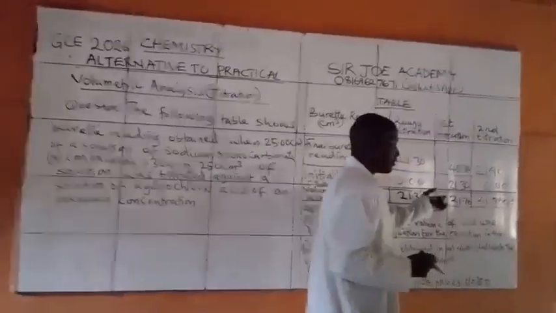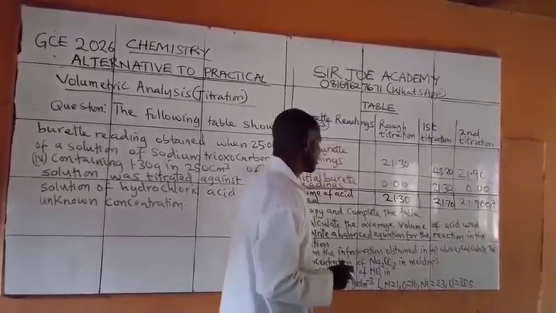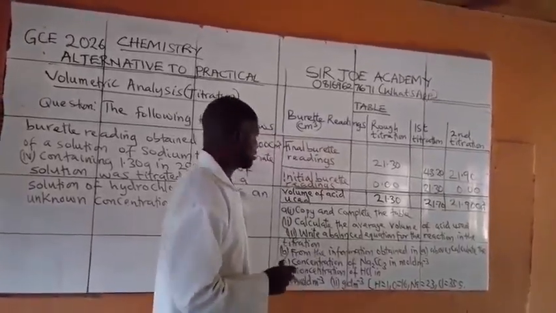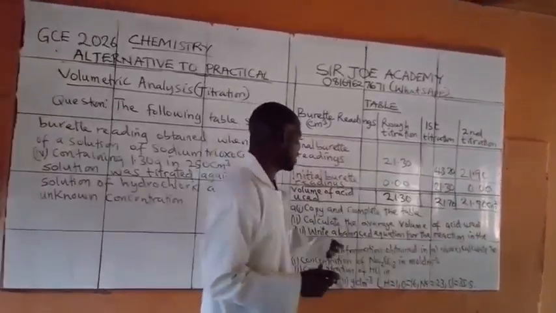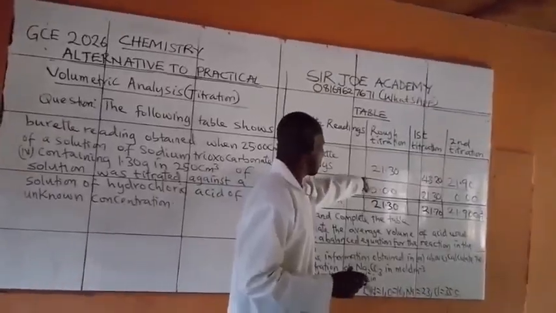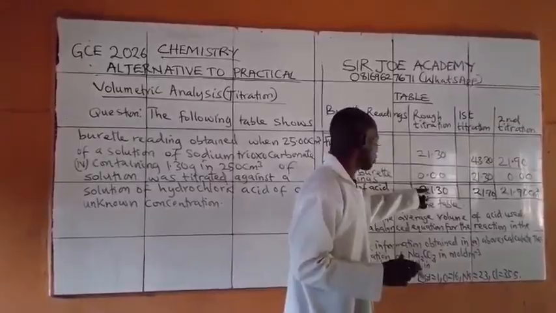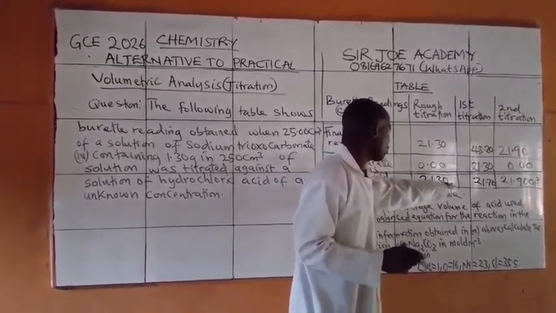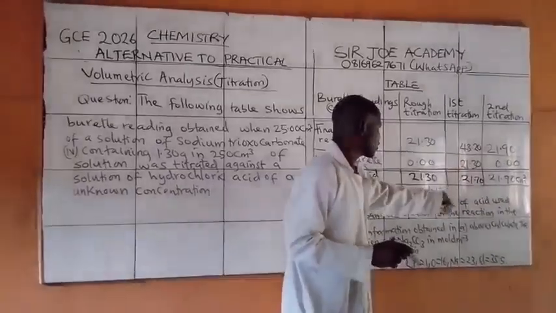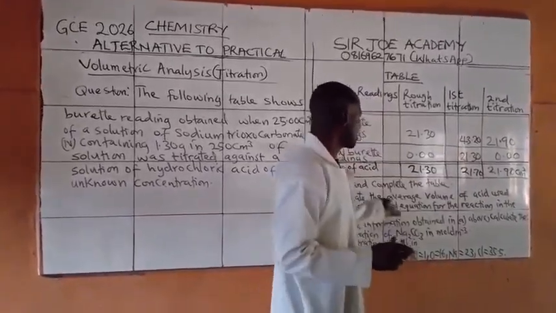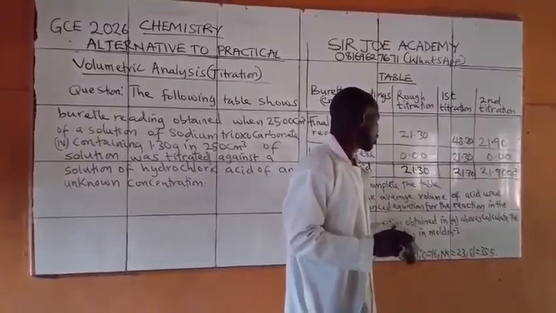So when you compare between 21.70 and 21.90 centimeter cube, the difference is 0.2 centimeter cube. And the volume of acid used under rough titration is 21.30. When you compare this value with the first and second titrations, the difference is up to 0.4.